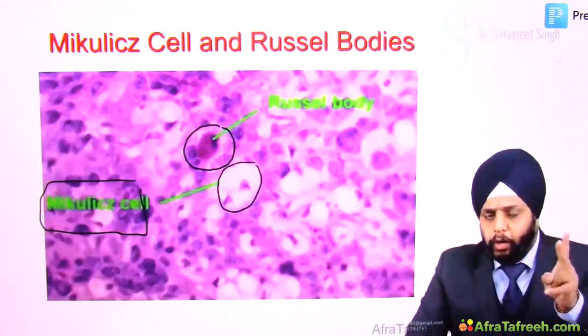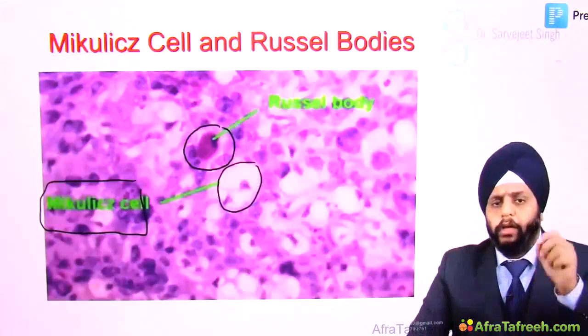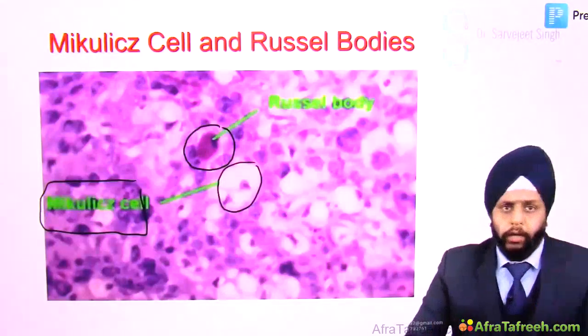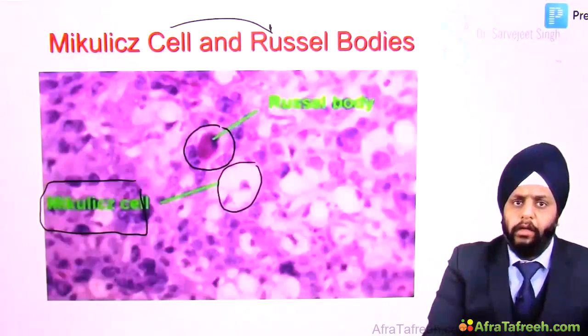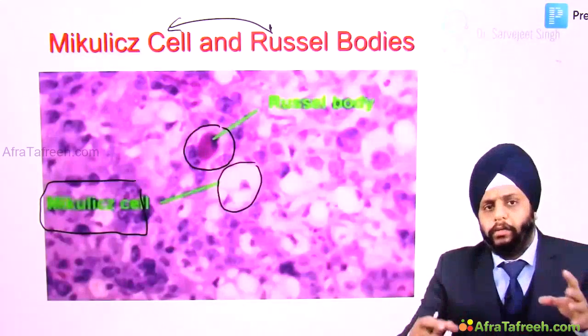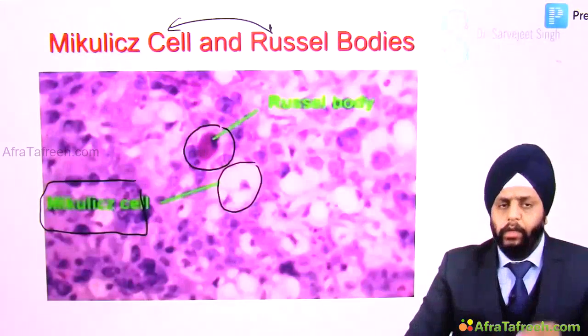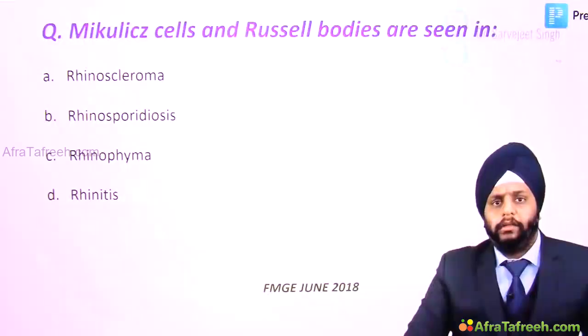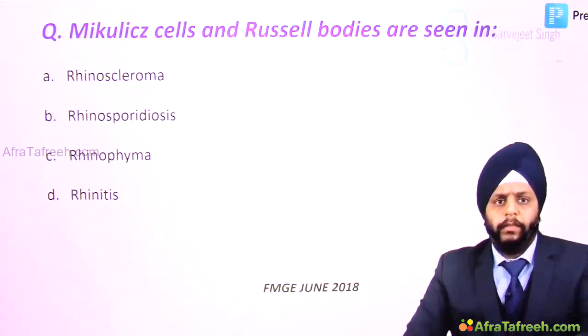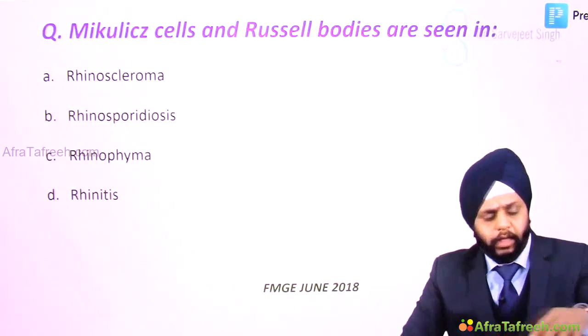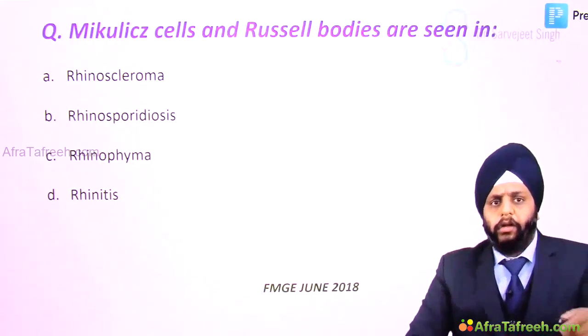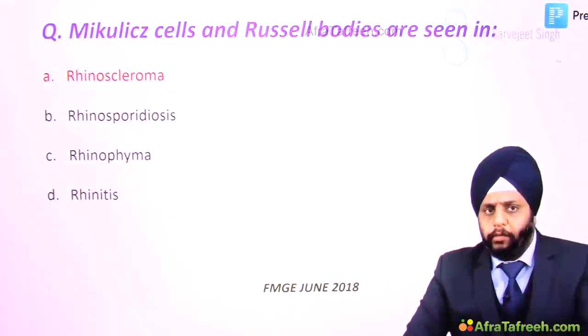When they are present together, they are pathognomonic for rhinoscleroma. Okay, so they have to be present together so as to call it as rhinoscleroma. Okay, so remember that this question has been asked. Mikulicz cells and Russell bodies are seen in FMG June 18, and now you know the answer is rhinoscleroma.